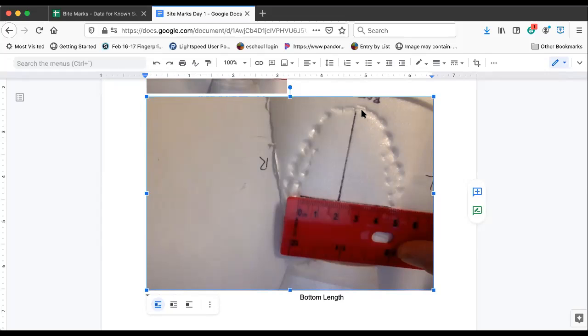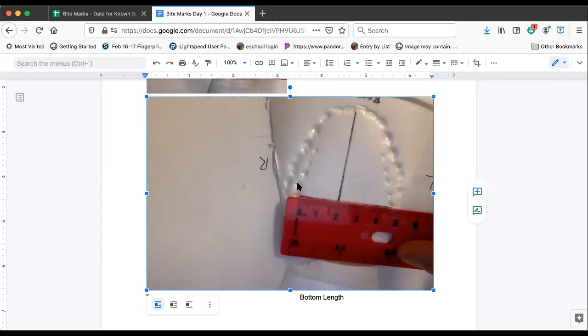And this is the right side. I must have flipped the picture over so we could get that in there. That's 24, 23, 22, 21, 20, 19, 18.